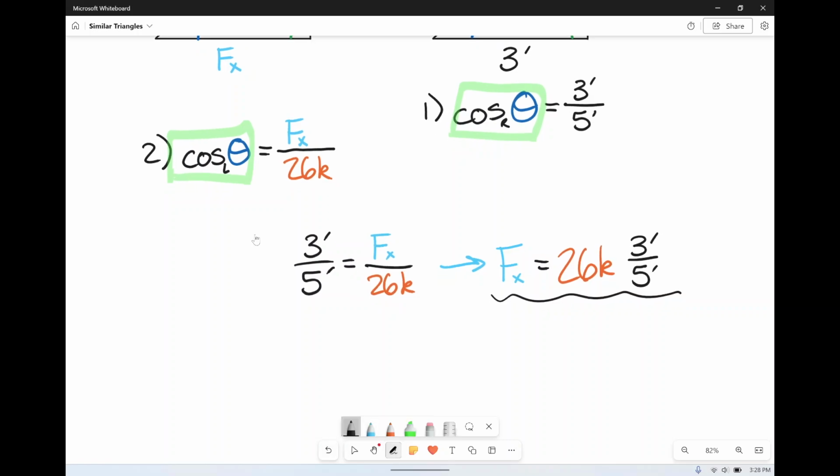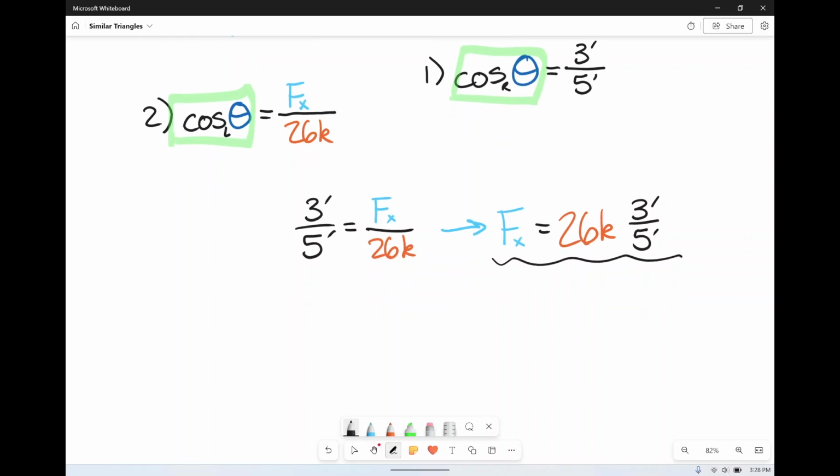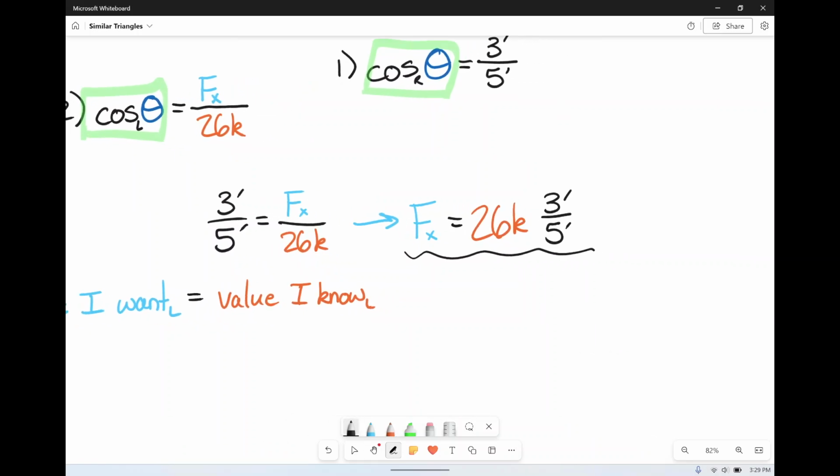So I'm going to give it to you in words, and we're going to treat these words as though they're units. I'm going to say here that the value that I want, and that's on my left triangle, I'm just going to give it an L. The value I want on the left triangle is equal to the value I know, also on my left triangle, times a ratio here.